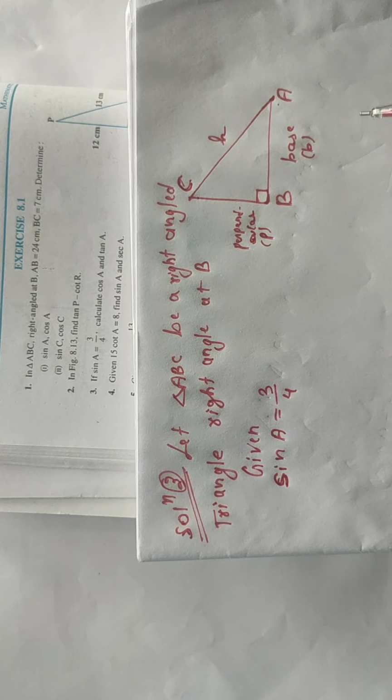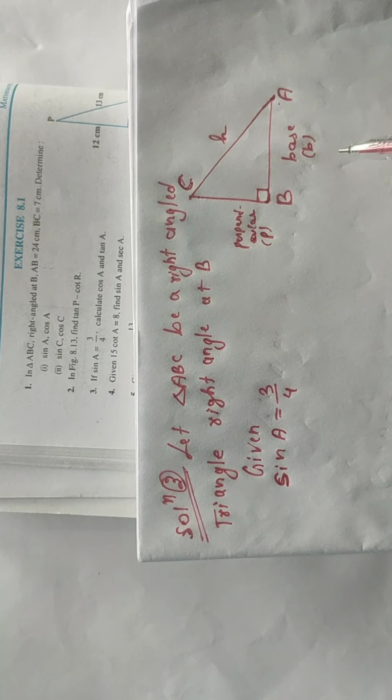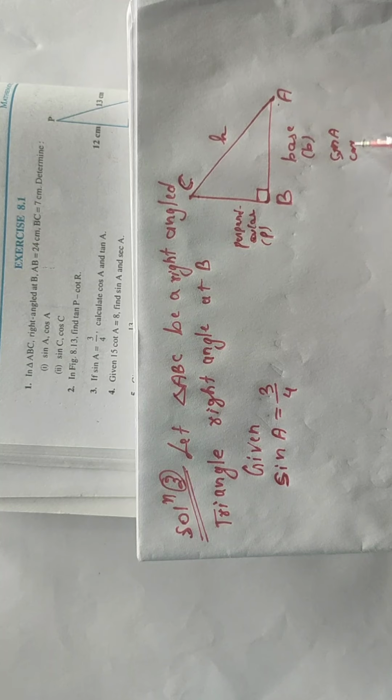So in the previous video I have given the trick to remember the formula of sin A, cos A, tan A. I have given how to remember these formulas. Now look here, sin A. How to remember?